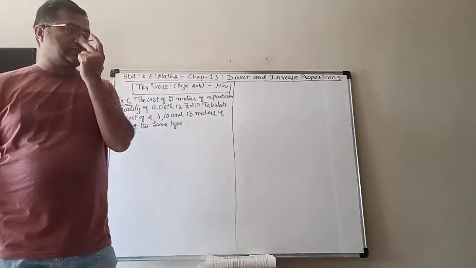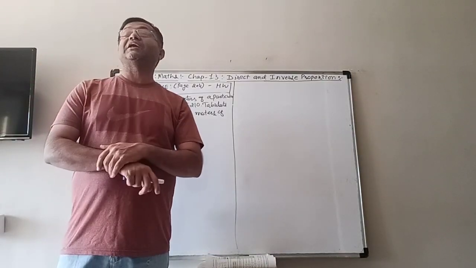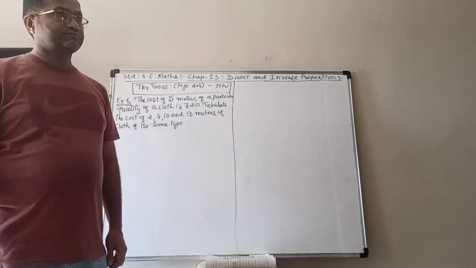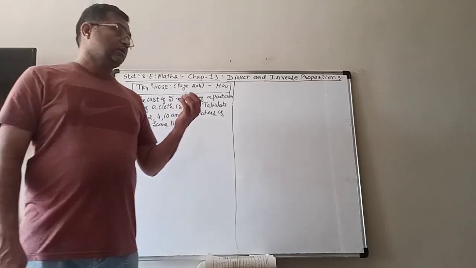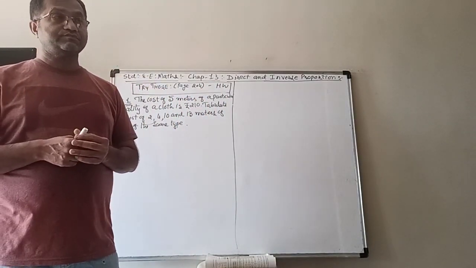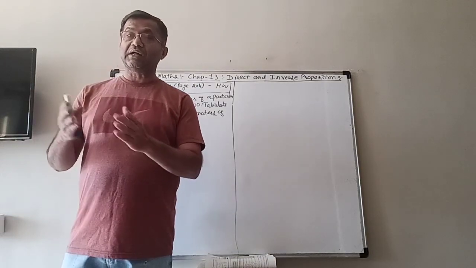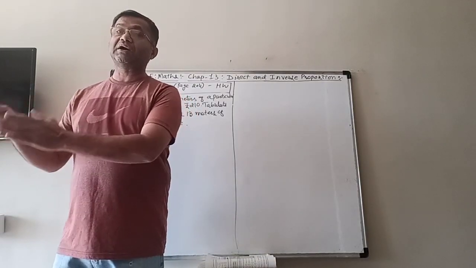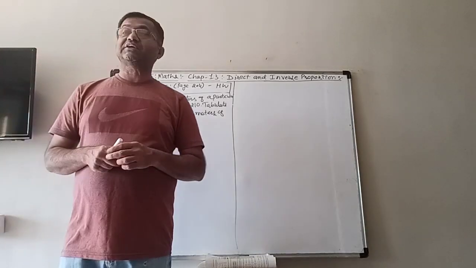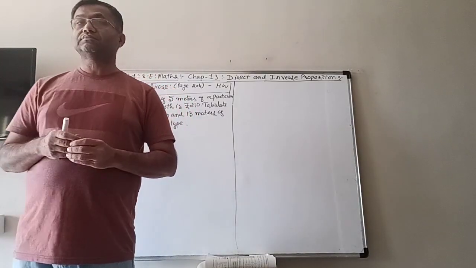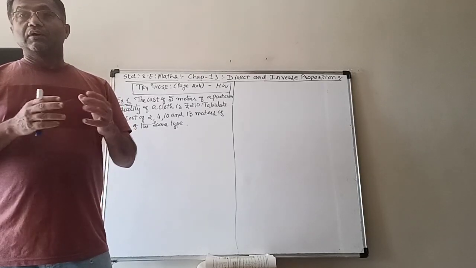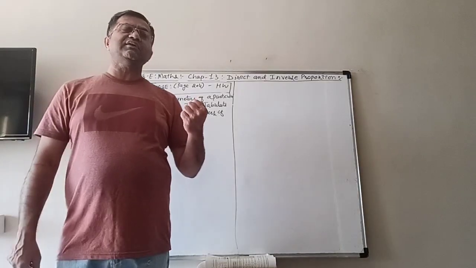We saw that when two quantities are such that their values vary as the value of the other variable, then we can say that they are having variation.